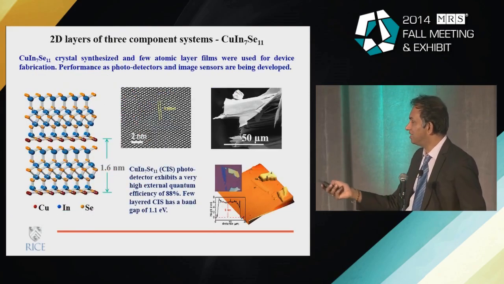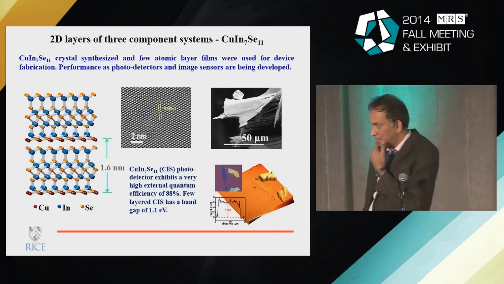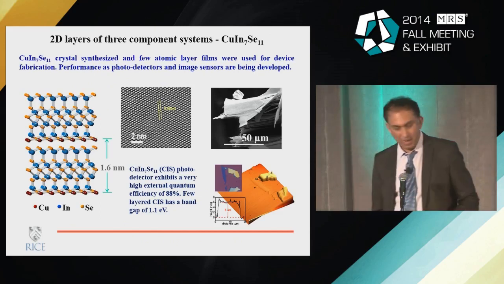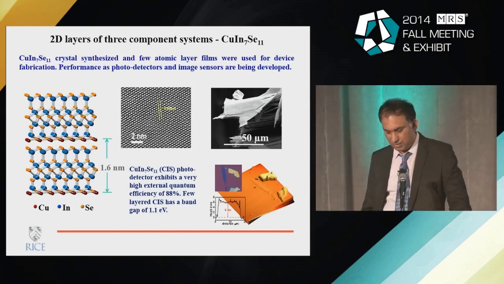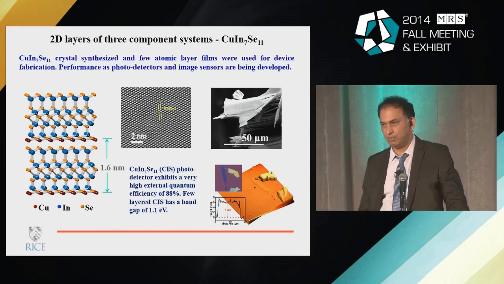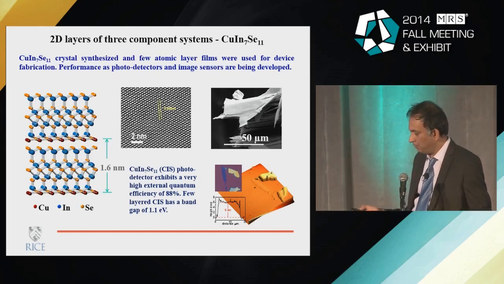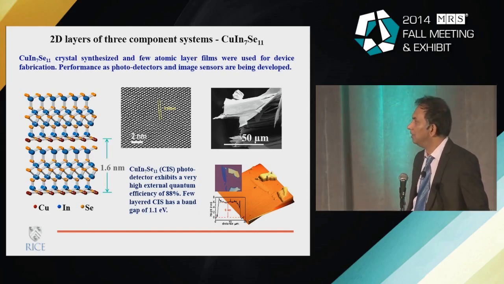There are 3 component systems which are also interesting. In fact, this one is a very interesting one because its band gap is rather low, and also one thing you see is that many of these monolayers go from indirect to direct band gap as you go into the monolayer systems. So there's lots of possibilities if you can choose the right system for the right applications.